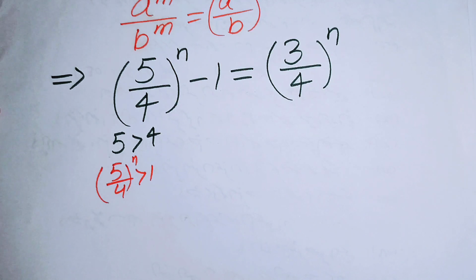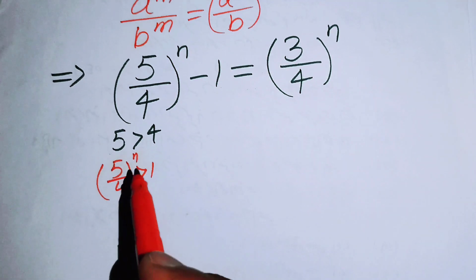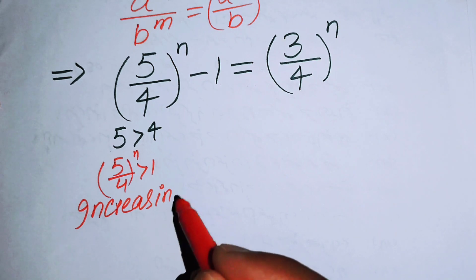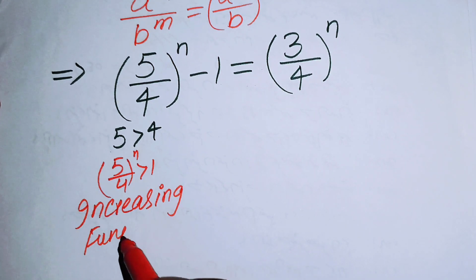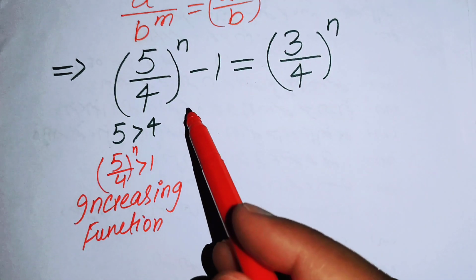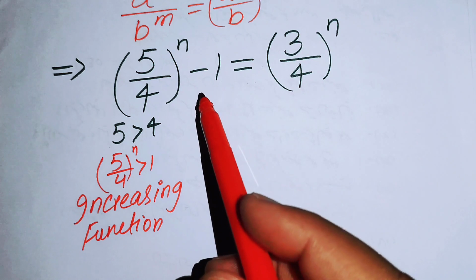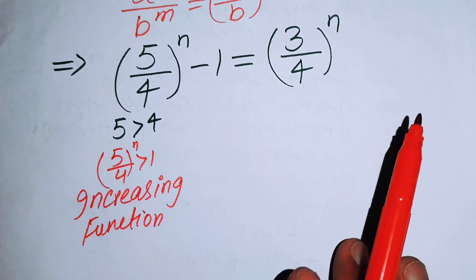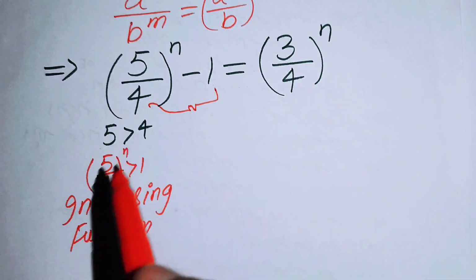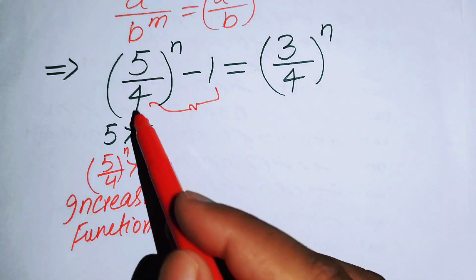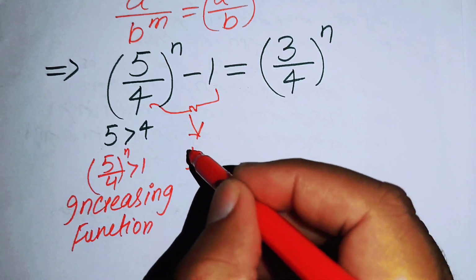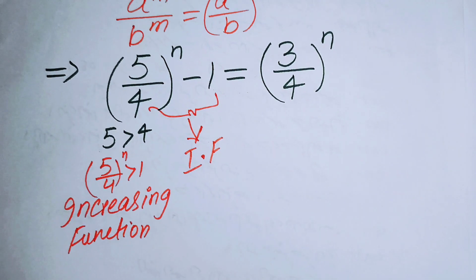So we can say that this function is an increasing function. When an increasing function is lessened by 1, it remains an increasing function, so 5 over 4 to the power of n minus 1 is also an increasing function.